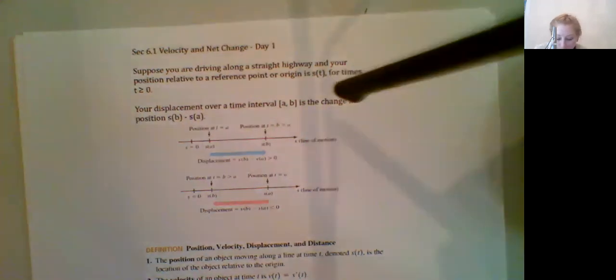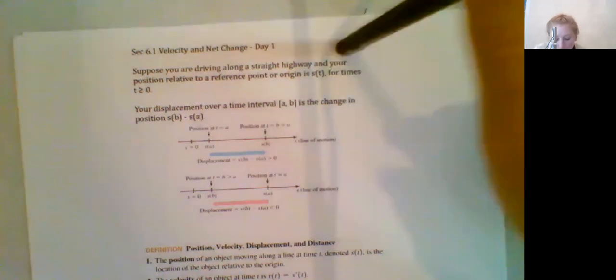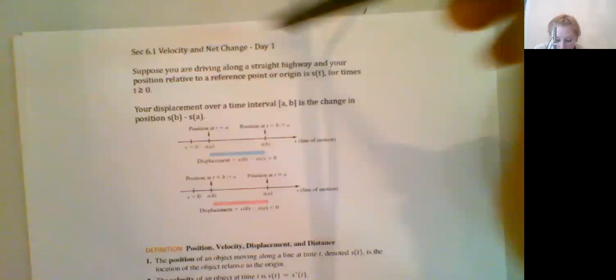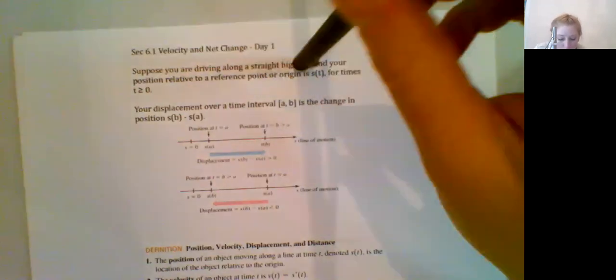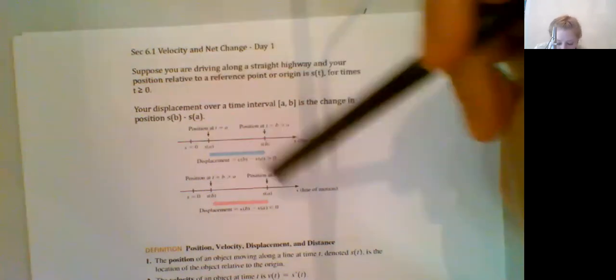So the first thing I want you to think about is you're driving along the highway in a straight line. Your position relative to your reference point or your origin changes in relation to your time changing, okay? And so we call that displacement.